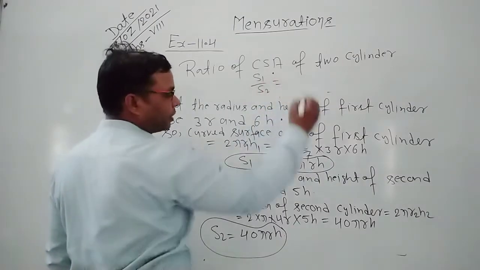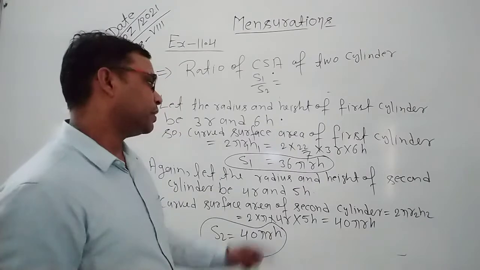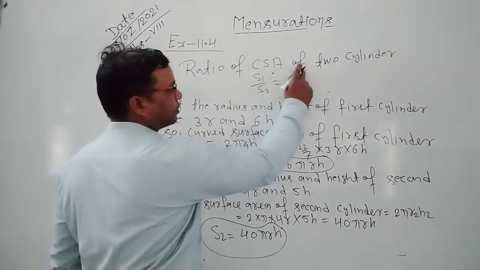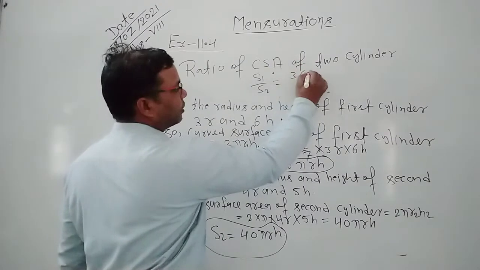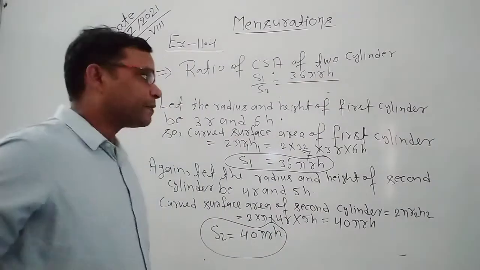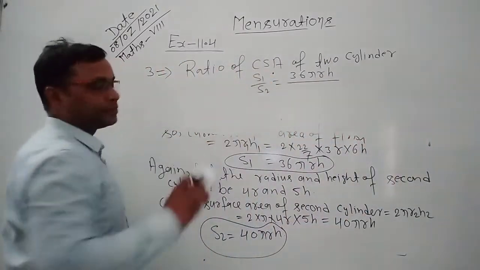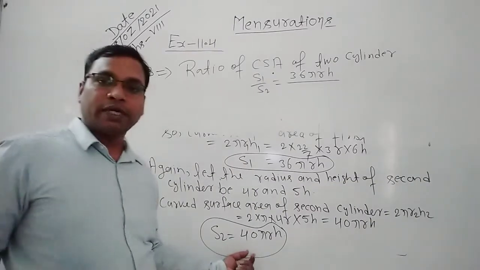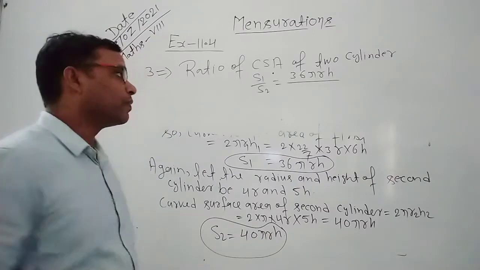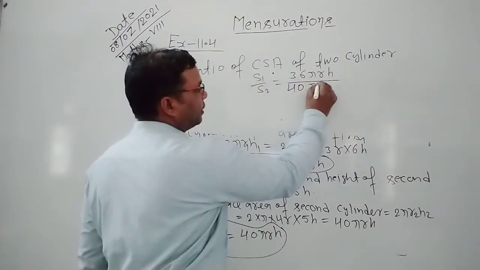This is equal to 36 pi r h by 40 pi r h.